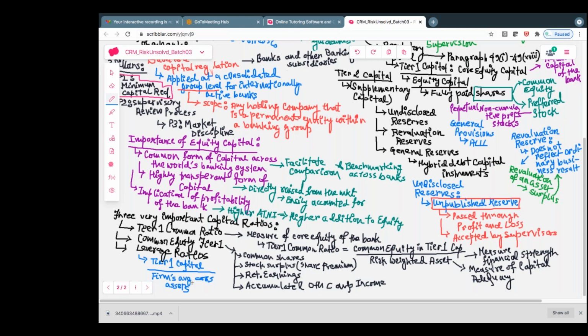The entire idea of doing this exercise is to identify the three key points which lie at the heart of this entire capital impairment analysis. You are doing all this capital and impairment analysis to ensure that these three capital ratios are sufficiently maintained. So you're trying to estimate at a group level the estimate of this tier one common ratio, and so on.